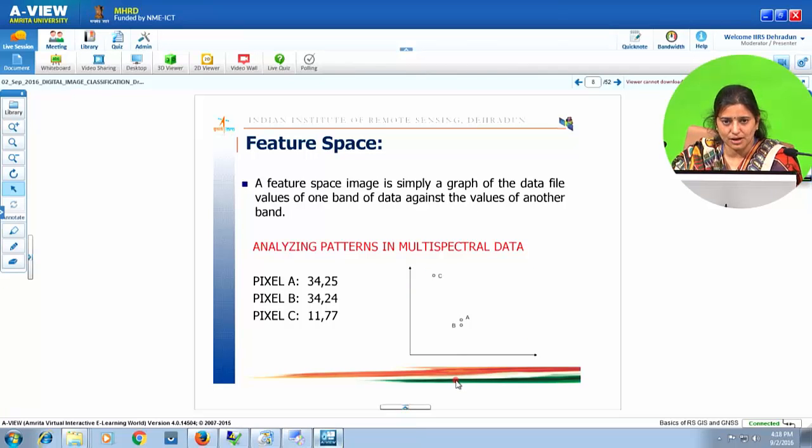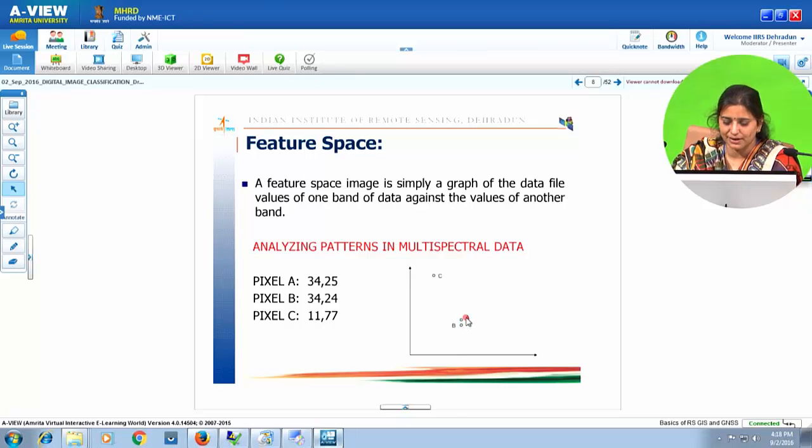Now why are we transforming the image space into feature space? Because if you can see, pixel A and pixel B have similar values in both the bands, 34, 25 and 34, 24. Therefore, pixel A and pixel B are falling at similar locations.